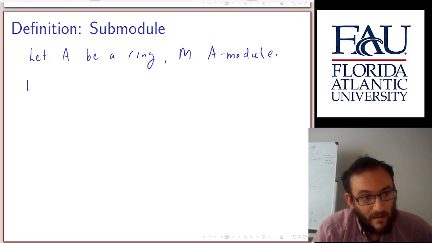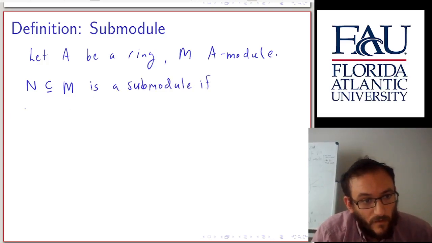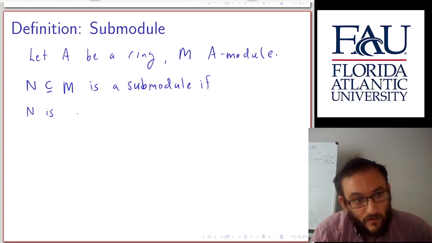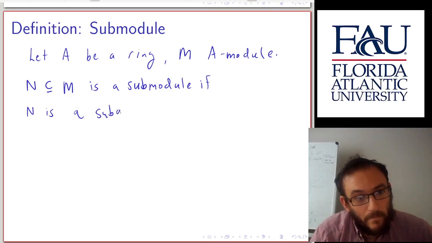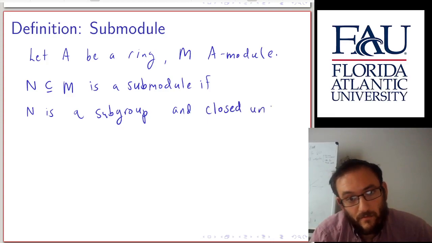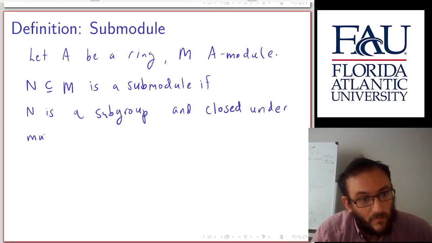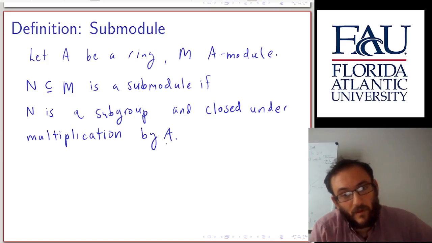We say that N in M is a submodule if N is a subgroup, given the abelian group structure of the module, and it's closed under multiplication by A.